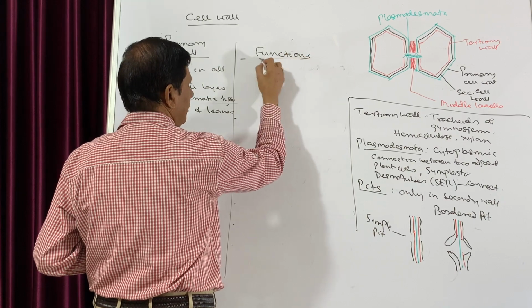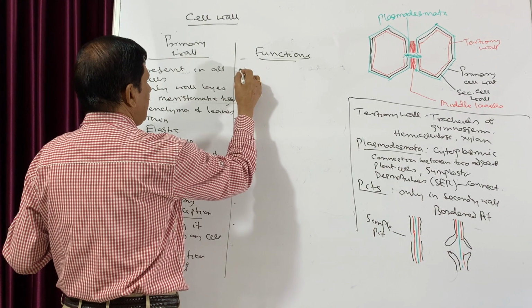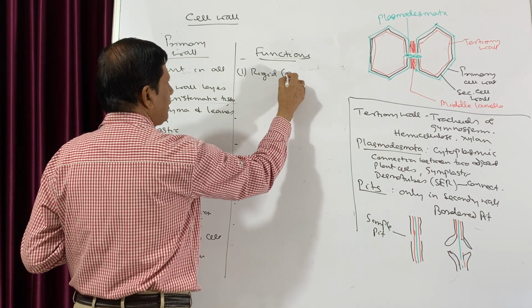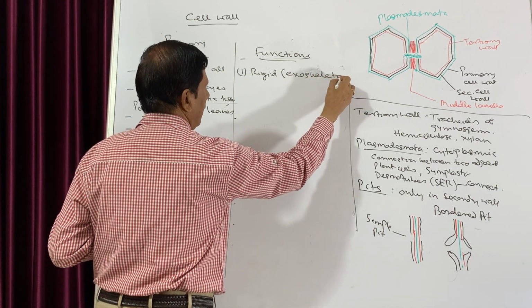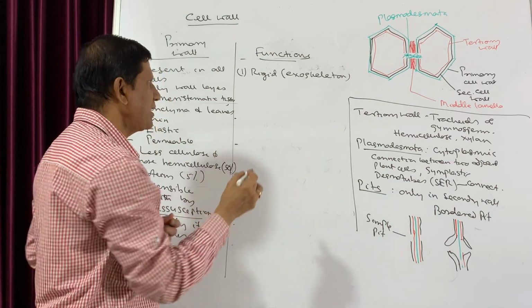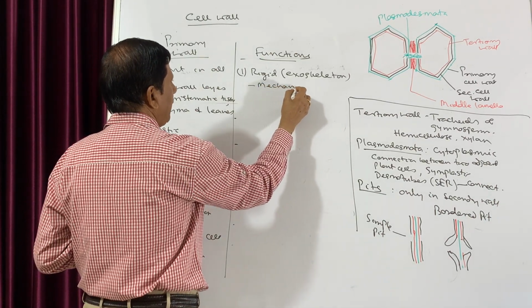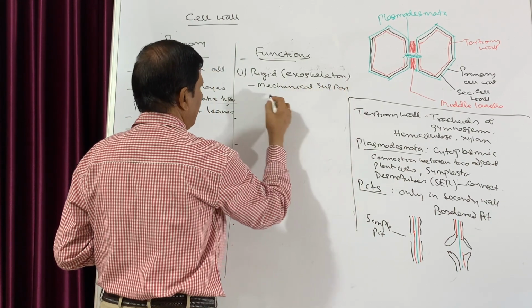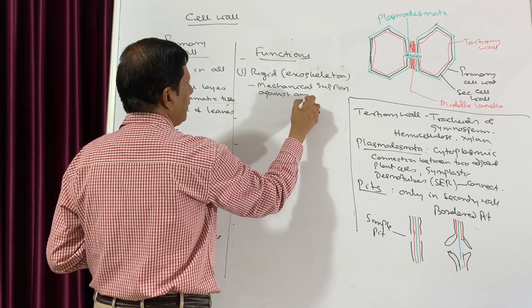Functions of cell wall. One of the very important functions: since it is rigid, it functions just like an exoskeleton, and it provides mechanical support against any damage.